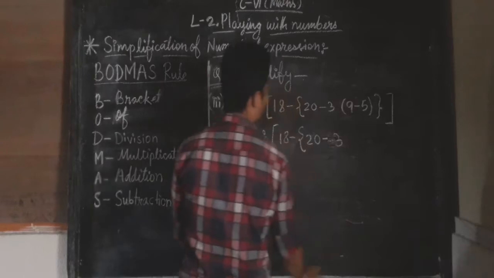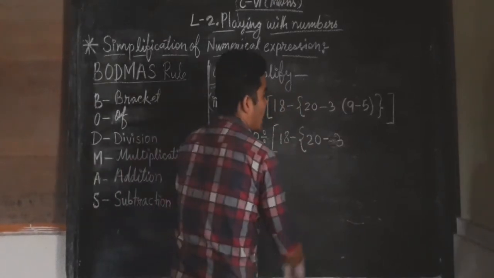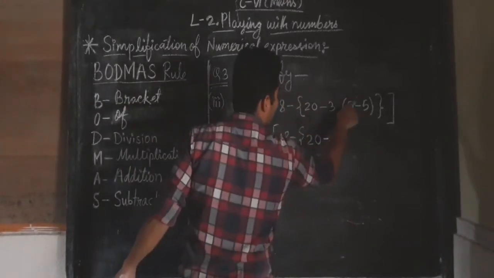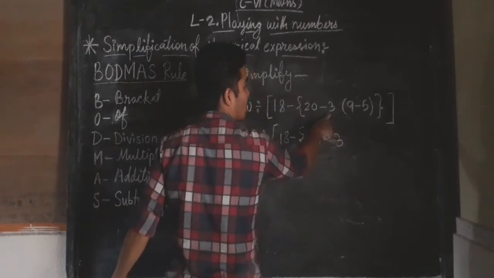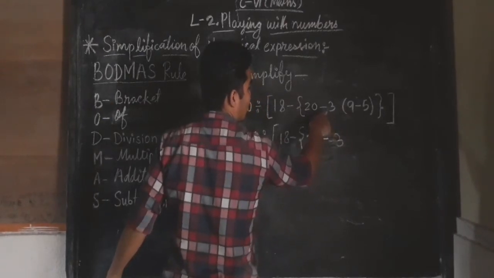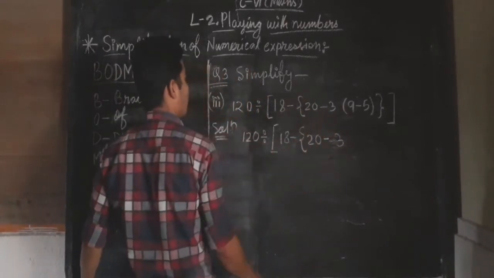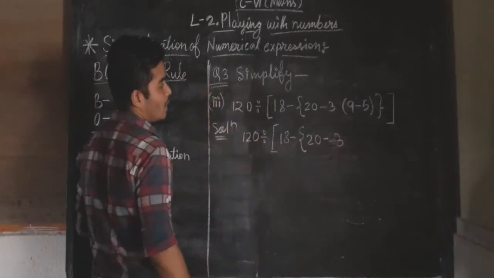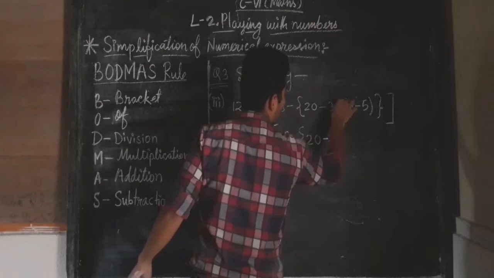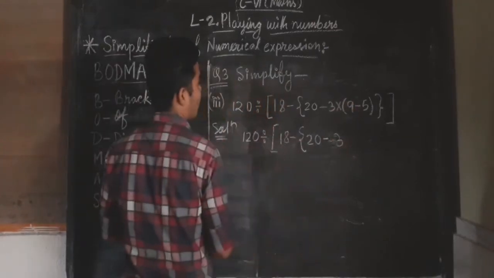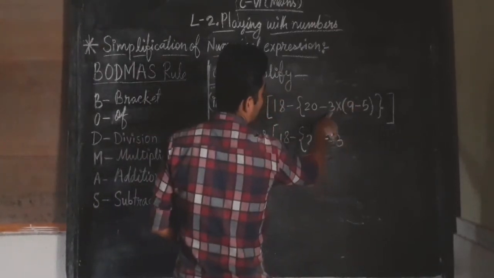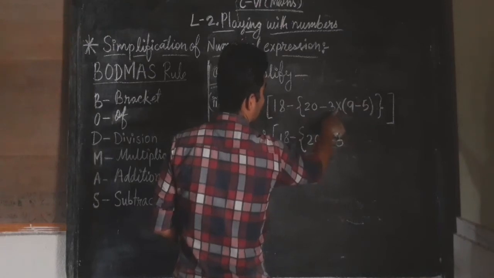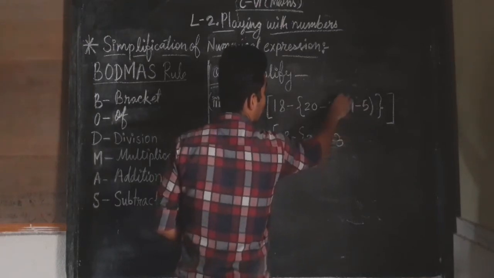One more thing I want to tell you: you can't see any sign between this bracket and this number. If you find a question like this in other questions of question number 3, then you have to put multiplication between them, because any numeral before the bracket without any symbol means it is multiplication.